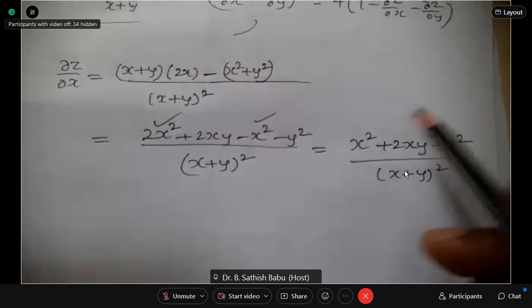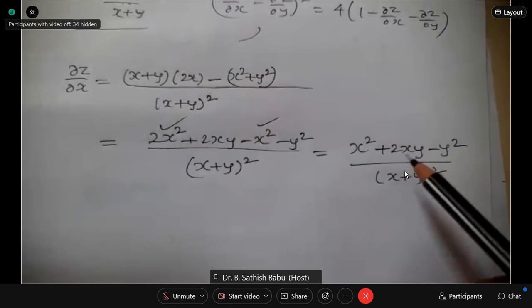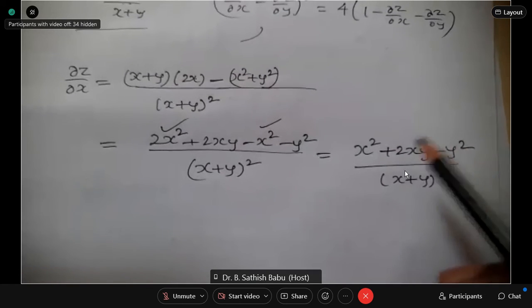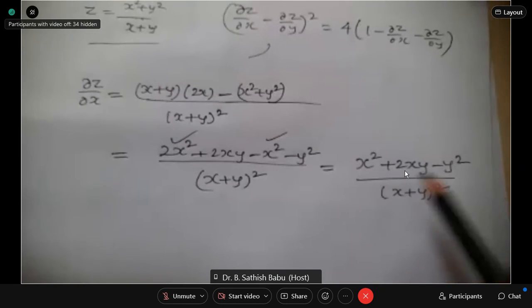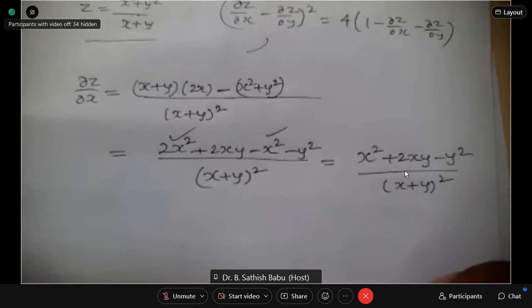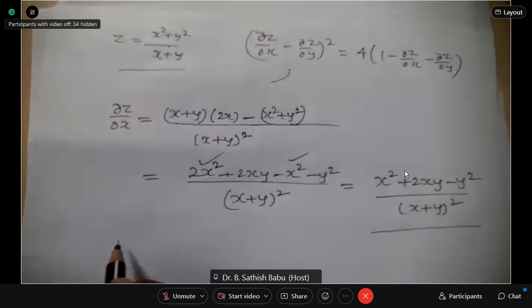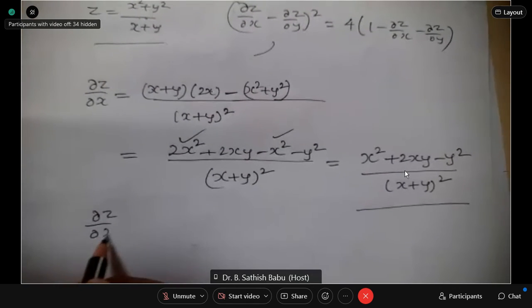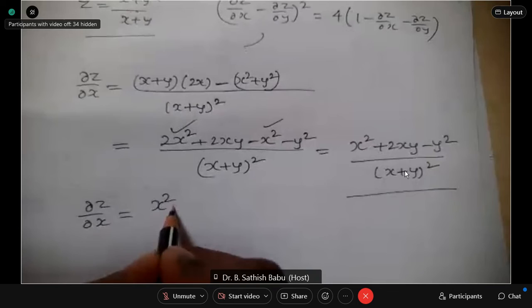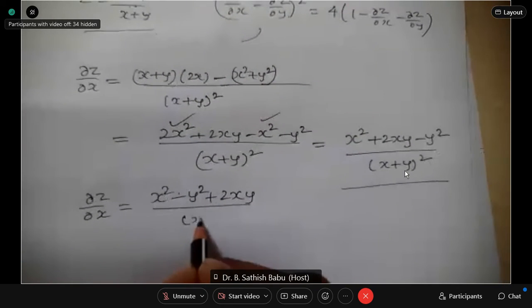Can we do this? We have to take the minus. Okay, I will leave this term as it is. This is my dou z by dou x, that is x square minus y square plus 2xy divided by x plus y whole square.